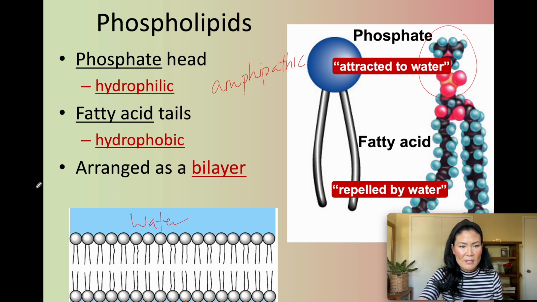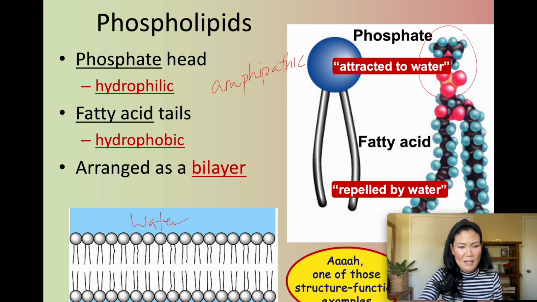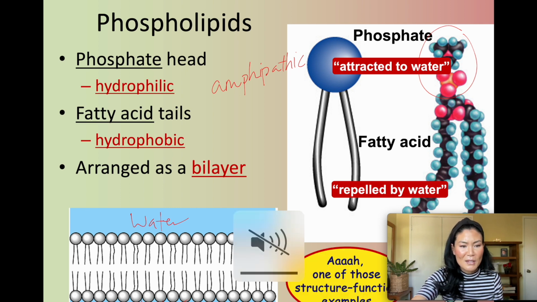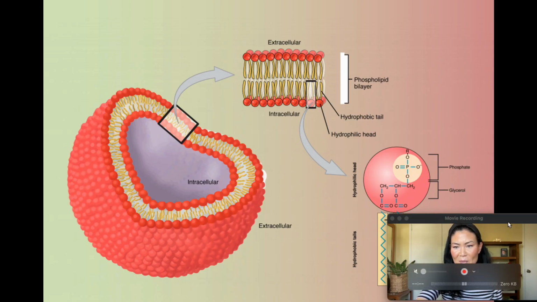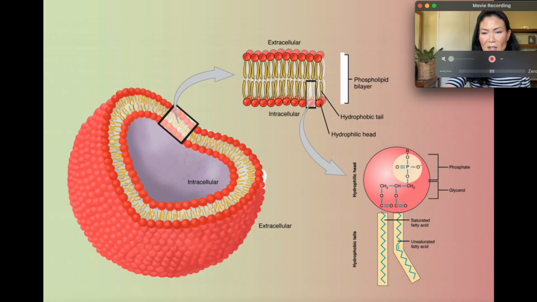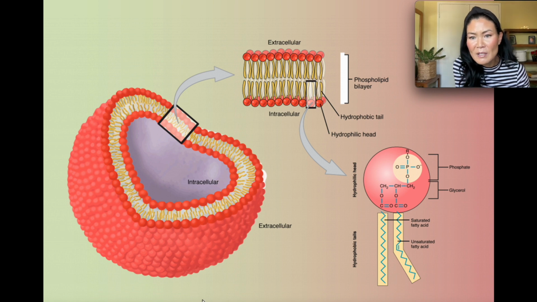So on the next slide is a nice diagram showing you the phospholipid. The phospholipid has a phosphate functional group, and a phosphate functional group has a phosphorus atom surrounded by oxygen atoms.